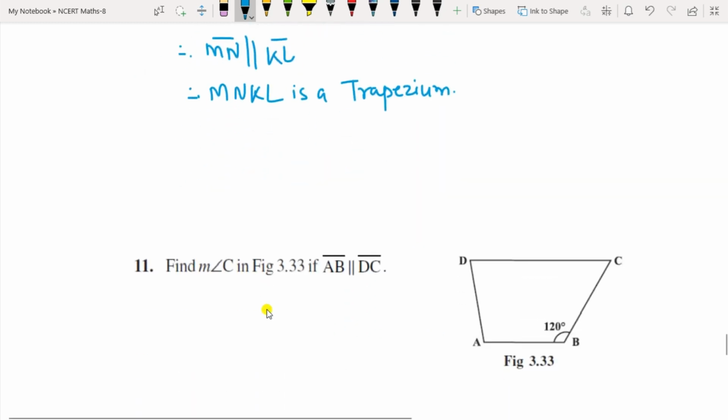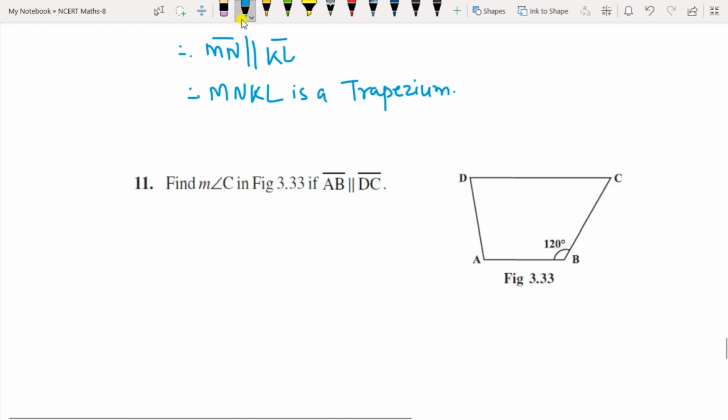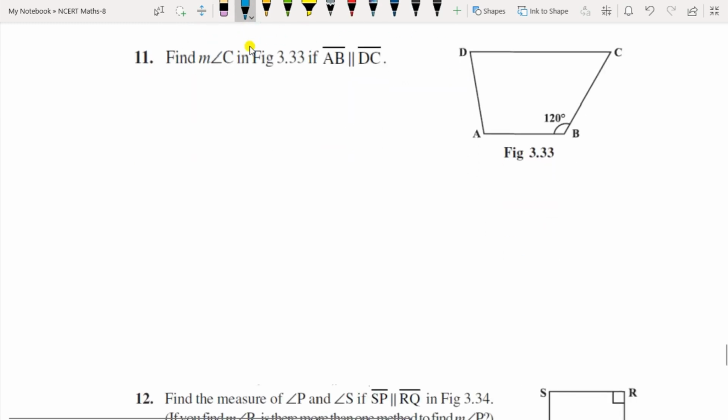The next question is the 11th one. Here I have to reduce the space. Now find angle C. In this question, find angle C here, and it is given that AB is parallel to DC. So this angle you have to find. So here you have to write AB is parallel to DC.